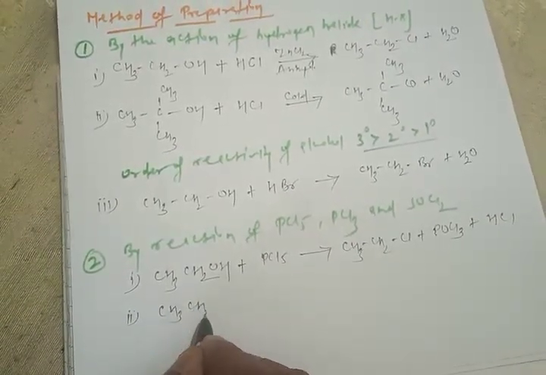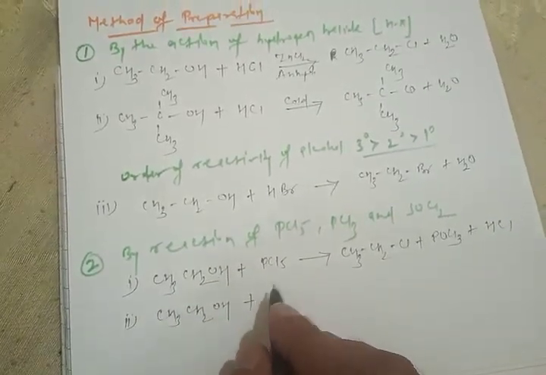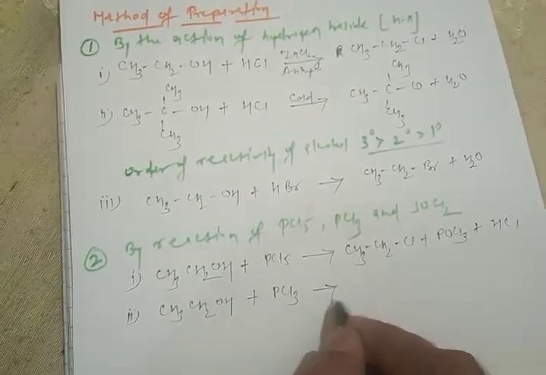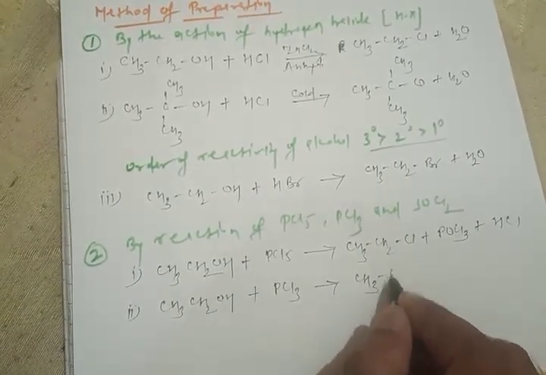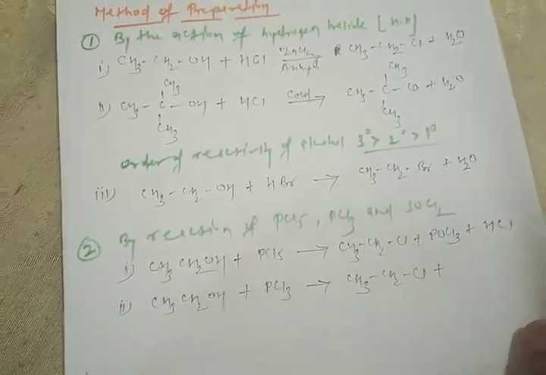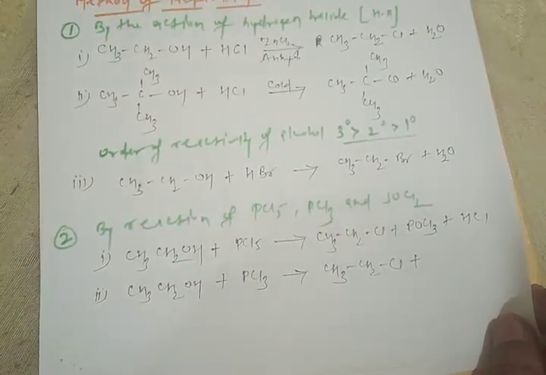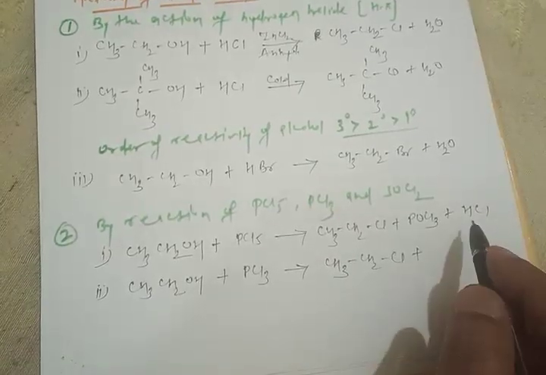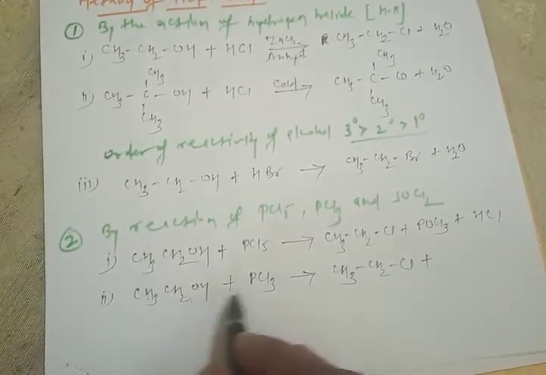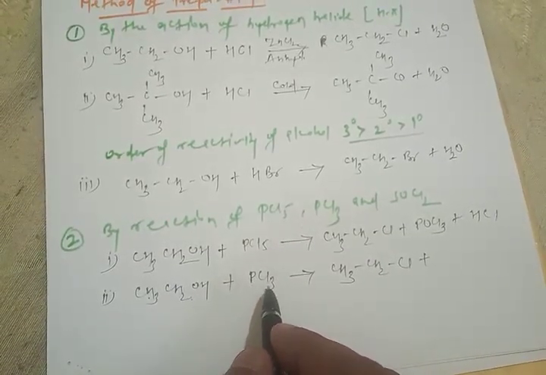CH3CH2OH plus PCl3. Okay, so this will give CH3CH2Cl, and what is left, that is, if PCl3 is there, you will get H3PO3 and HCl.